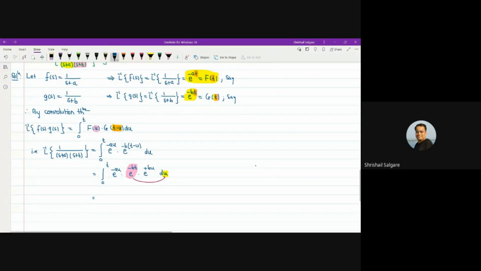So that's why I will write it outside: e to the power minus bt into integral 0 to t. Now the remaining term involves u and integration is with respect to u, so that term I will write e to the power minus, I will take common, a plus b into u, with respect to u. Is it right?